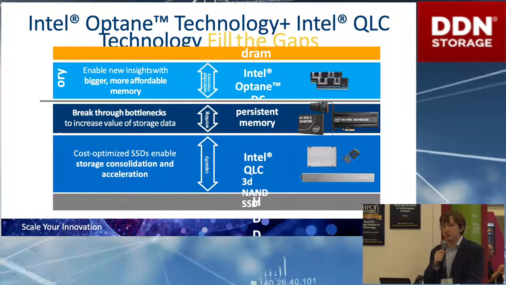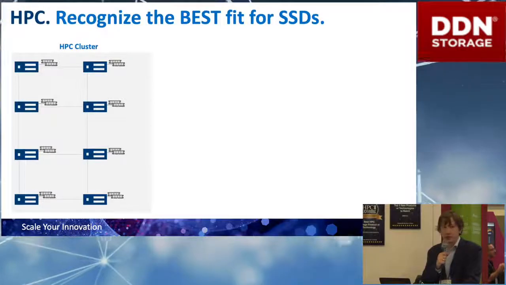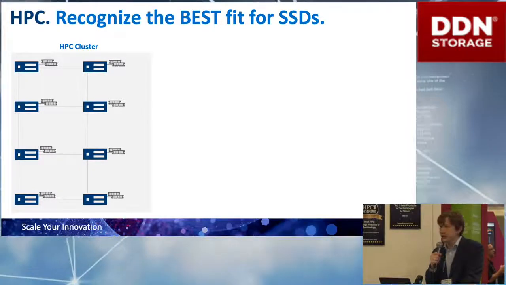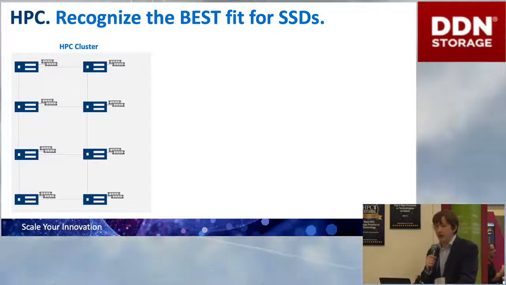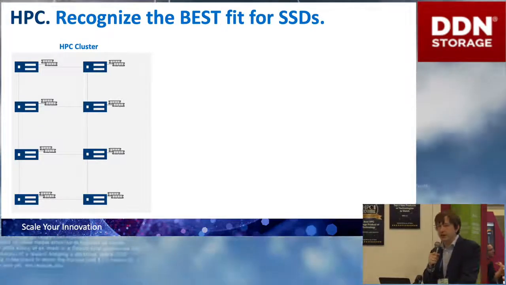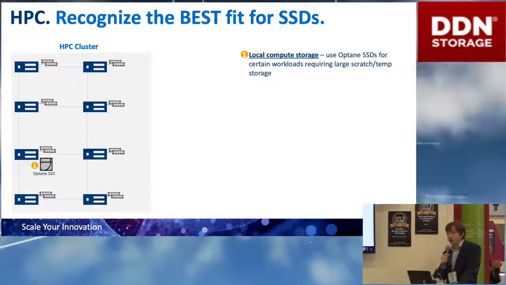It's just designed for the needs of very high capacity and still very high performance. So how would you use that in the most typical HPC infrastructure? Of course, there are certain applications which have a need for a very fast block scratch.